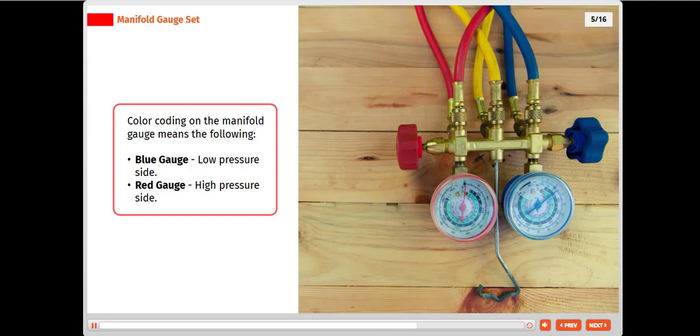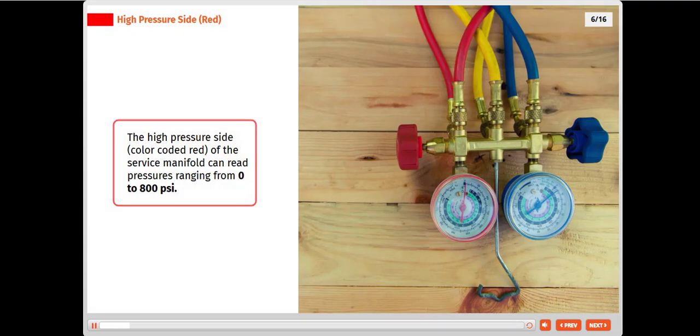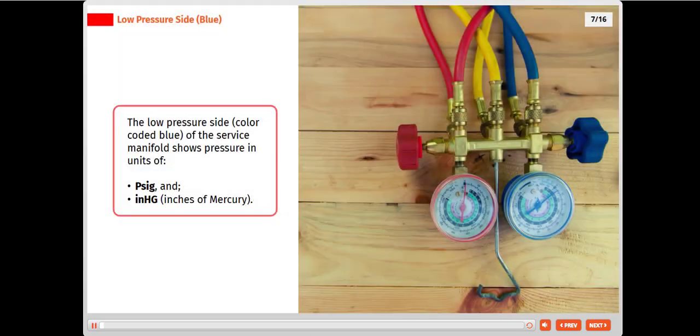The high-pressure side, color-coded red, of the service manifold can read pressures ranging from 0 to 800 psi. The low-pressure side, color-coded blue, shows pressure in units of pounds per square inch gauge and inches of mercury.